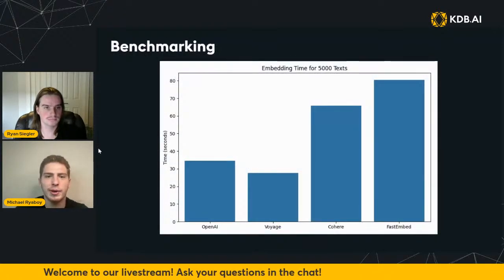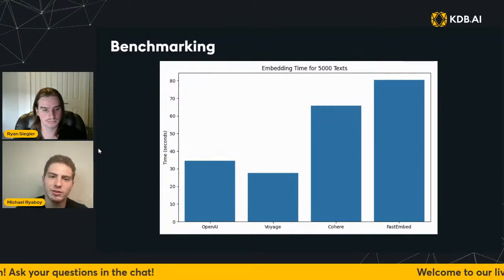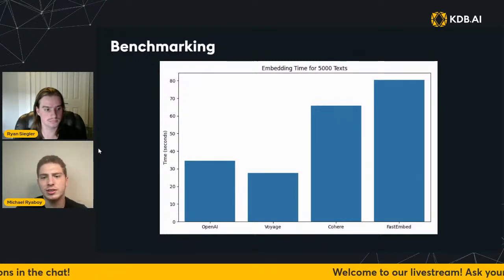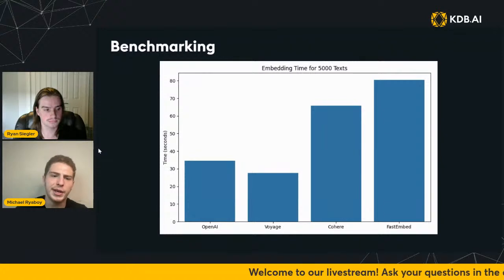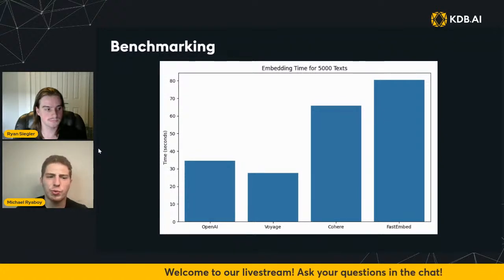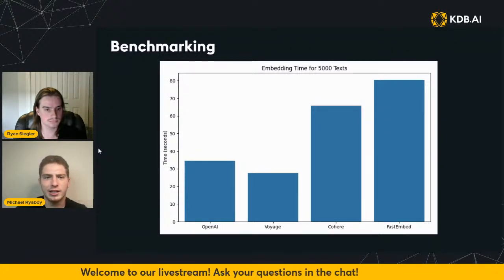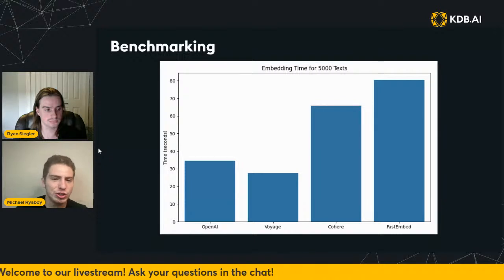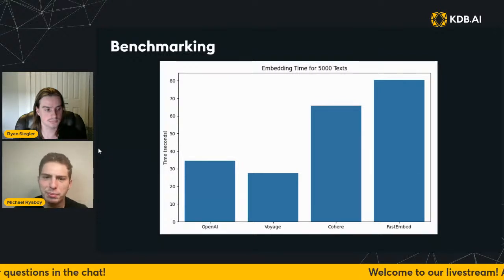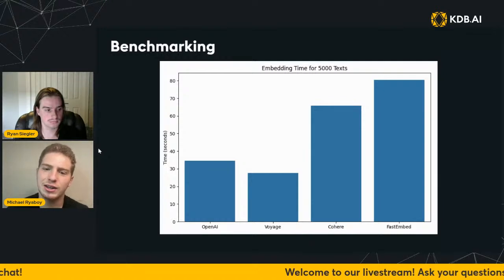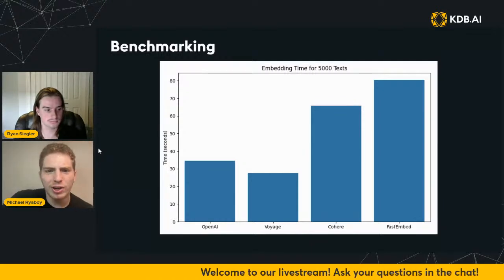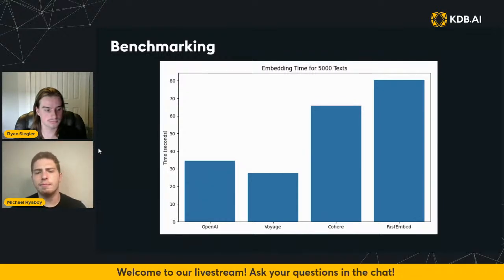So let's talk about embedding time for 5,000 texts. We could think of these as chunks. These are just sentences that I embedded. This is a really rough benchmark that I just created, and it's not extremely accurate. There's a lot here that might be different for you because of over-the-wire time and all these different things to consider.